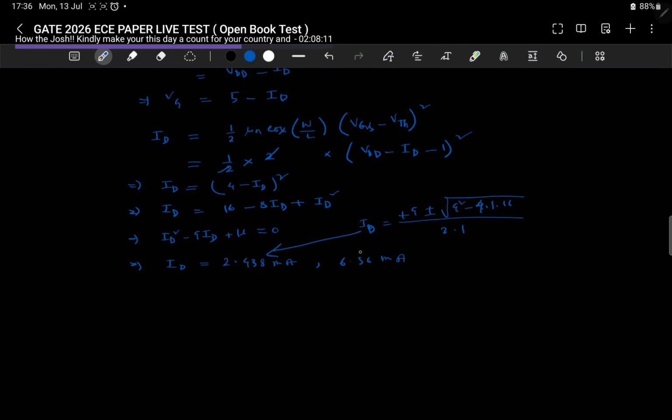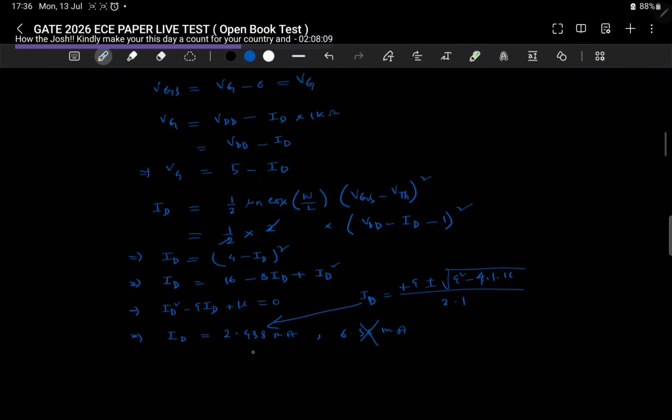Now our ID value cannot be this one, because VG equals 5 minus ID.